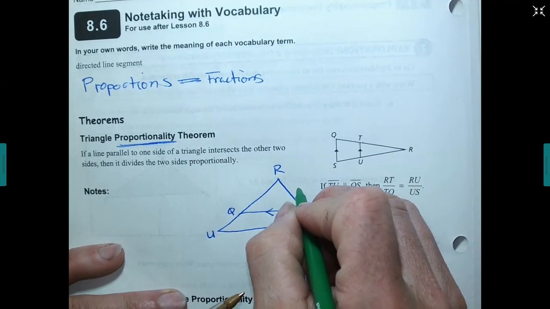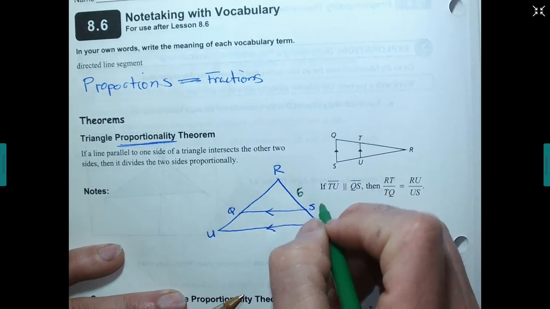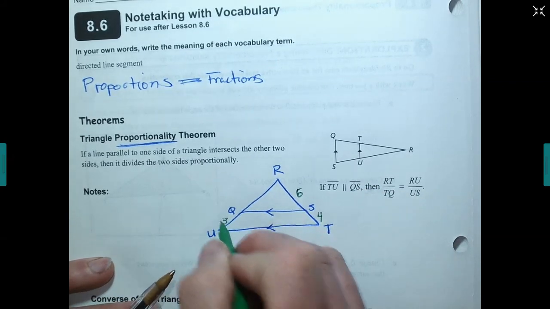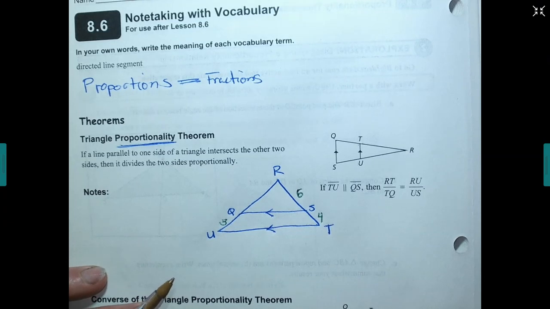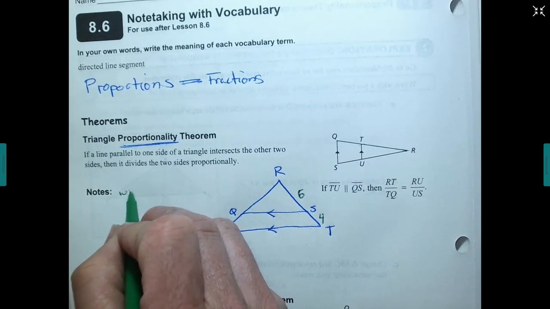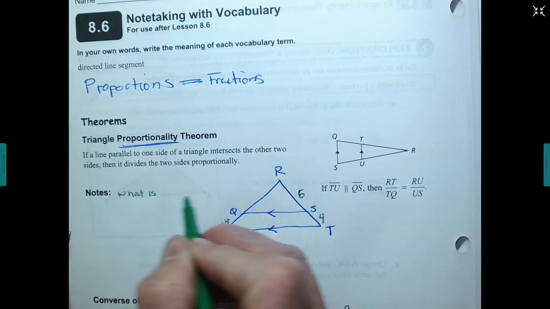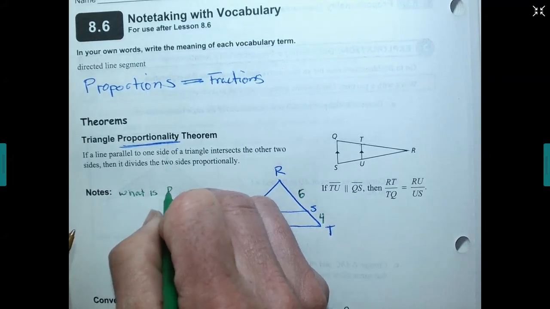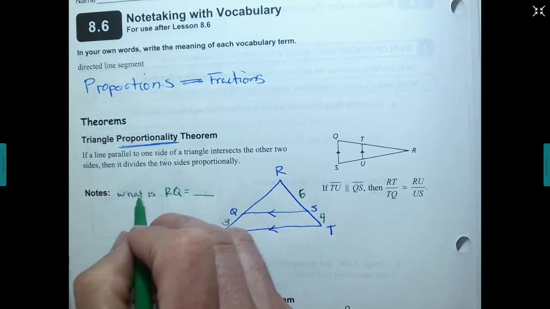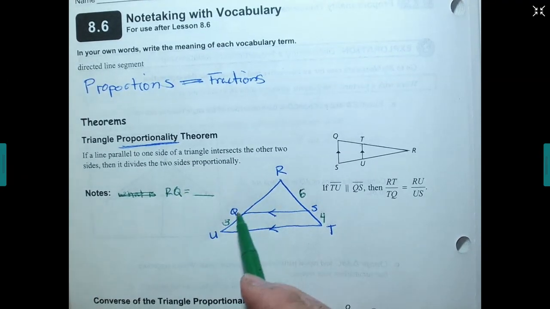Let's say the side length is 6. Let's say the side lengths are 4 and 3. And the question is, what does RQ equal? What does RQ equal? So the length of RQ.